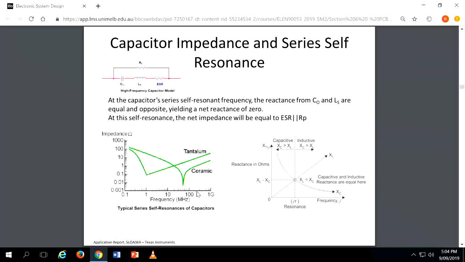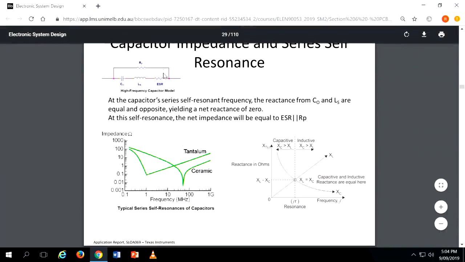If you want to explain this effect, you need to take into account the high frequency capacitor model. Then this is a reactance. See, this is a capacitive reactance. Capacitive reactance will decrease as the frequency increases. Inductive reactance will increase when the frequency increases.